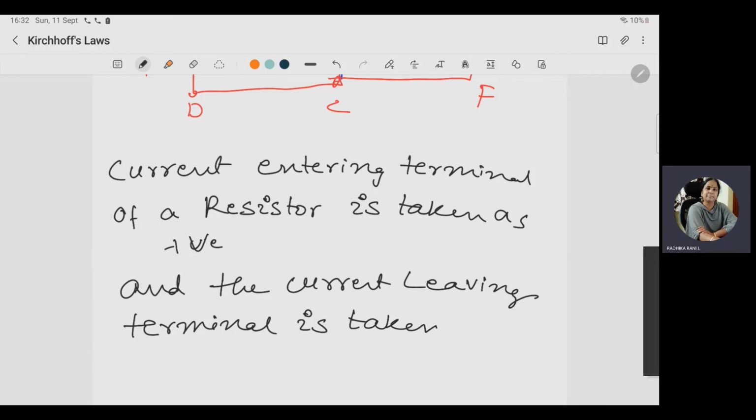That means current is having a direction, whether it is a positive or negative. Current entering terminal is taken as a positive and current leaving terminal is taken as negative.